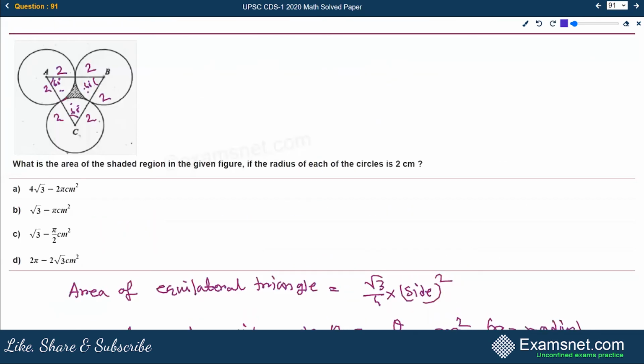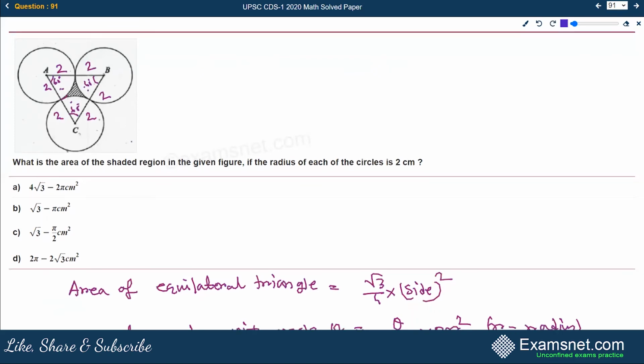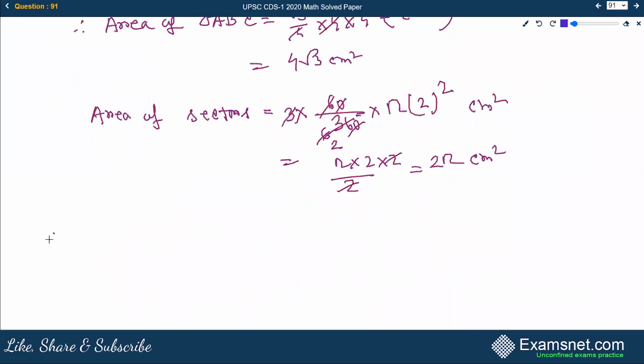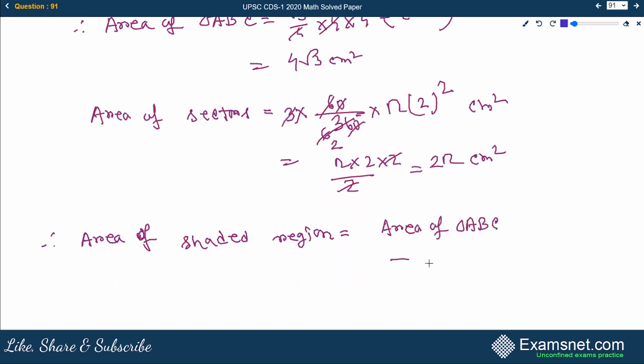Now this shaded part is, if we take out these 3 sectors from the triangle, we are left with only the shaded part. So here area of shaded region is area of triangle minus area of sectors.